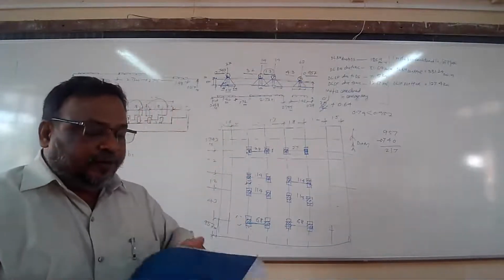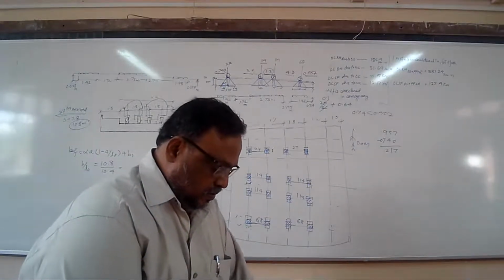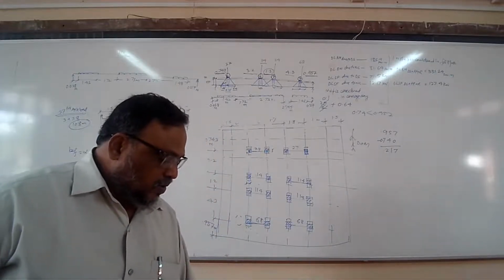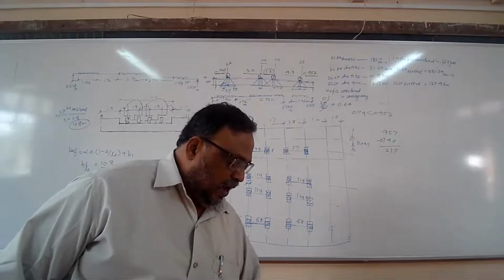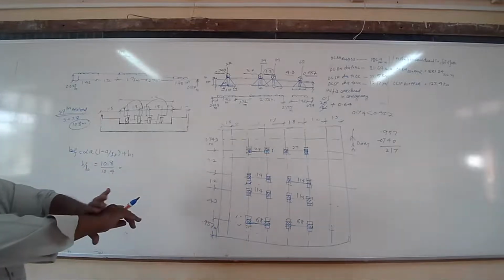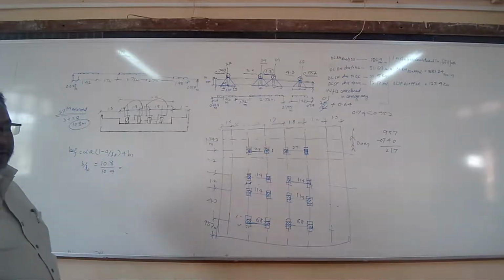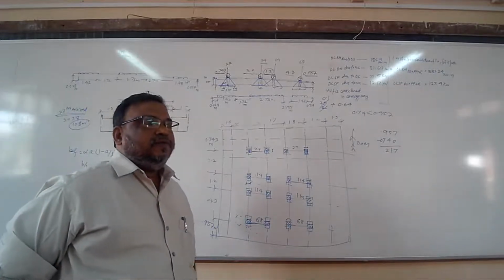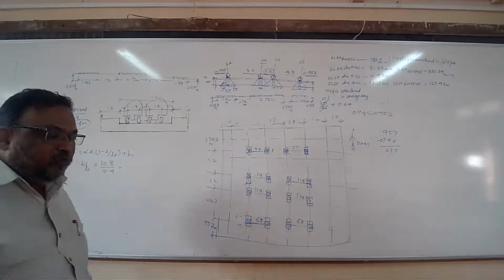How much is B by L naught, tell me? It will be a little more than one. B by L naught is 1.038, 1.04.